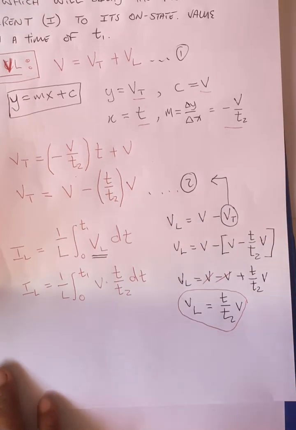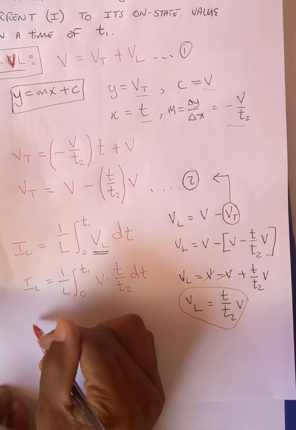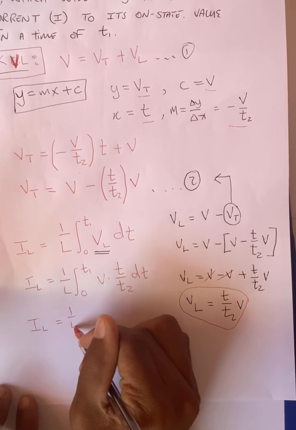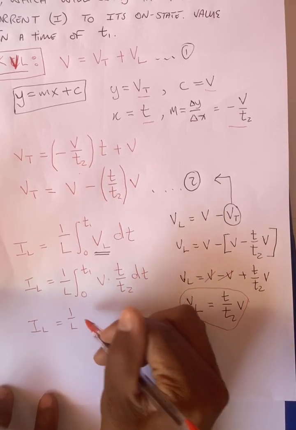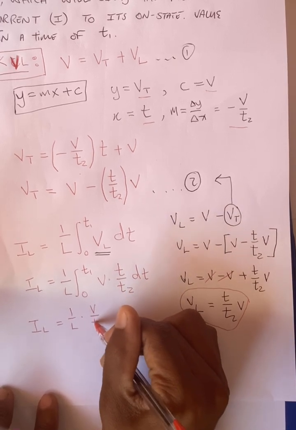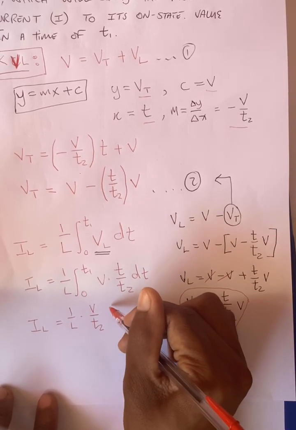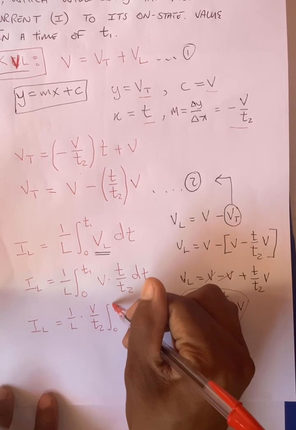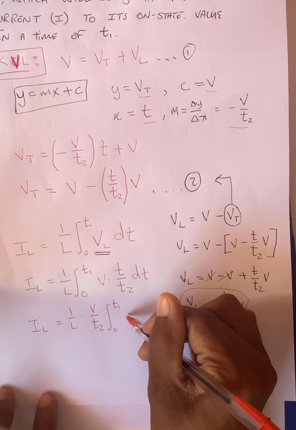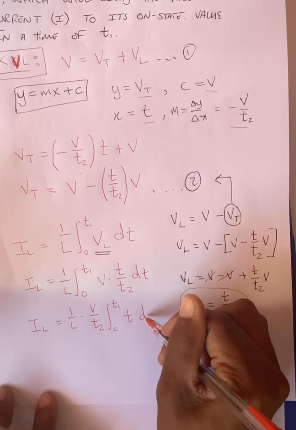We can say IL is equal to 1 over L times V over t2 times the definite integral from 0 to t1 of t dt.